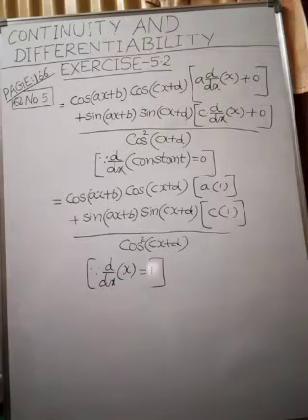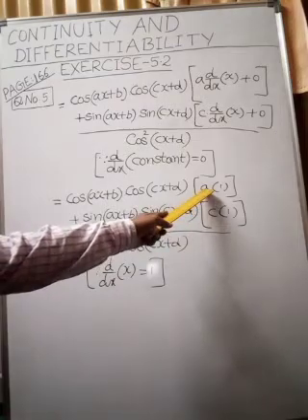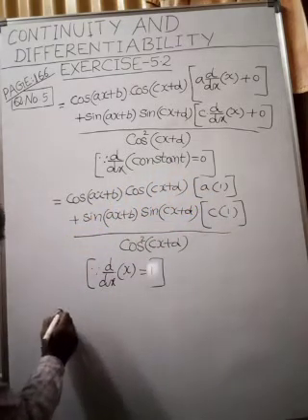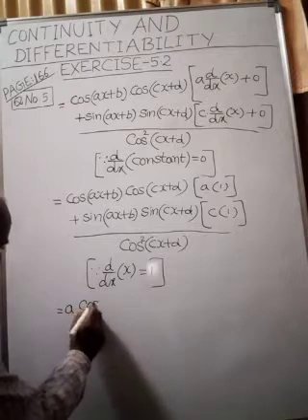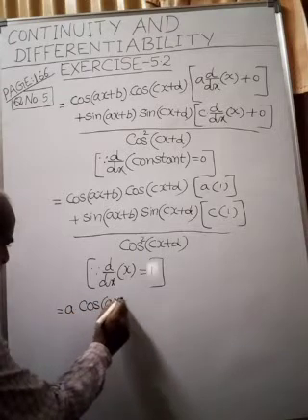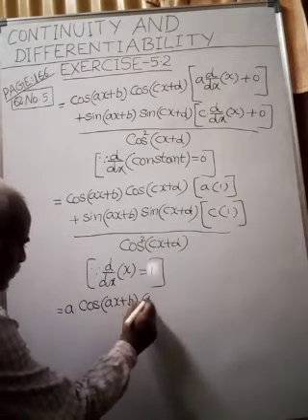Next we write this a at the first, a into cos of ax plus b into cos of cx plus d.